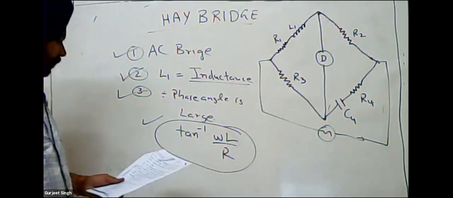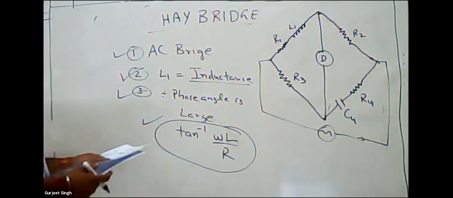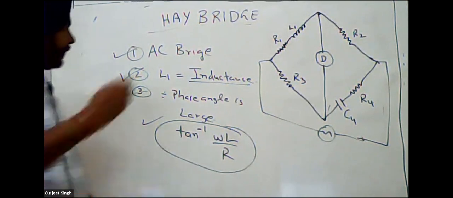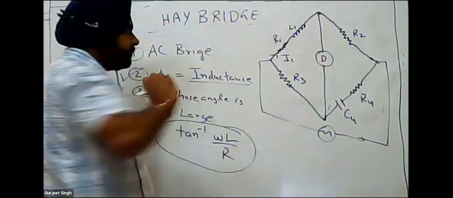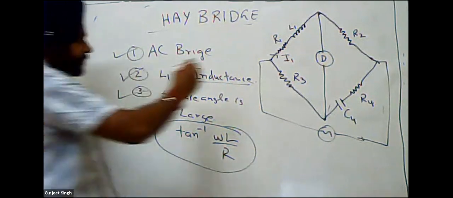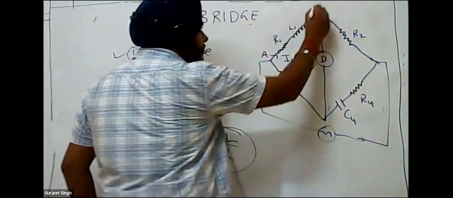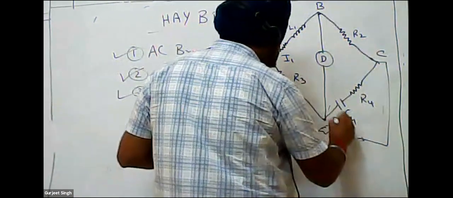Okay, so our bridge is balanced. This Hay bridge will be balanced when, suppose this is the point, I1 current is flowing from this one. So I will mark this as the A, B, C and D points.